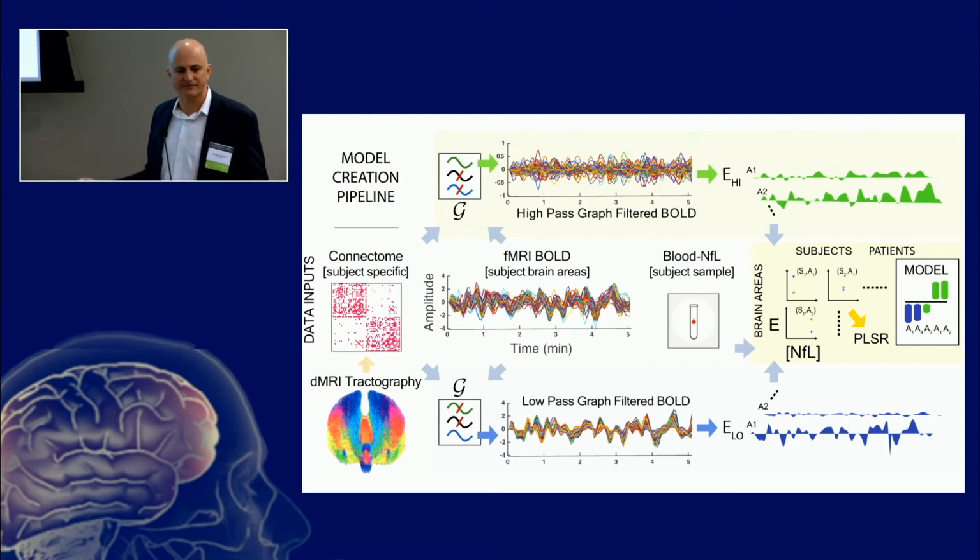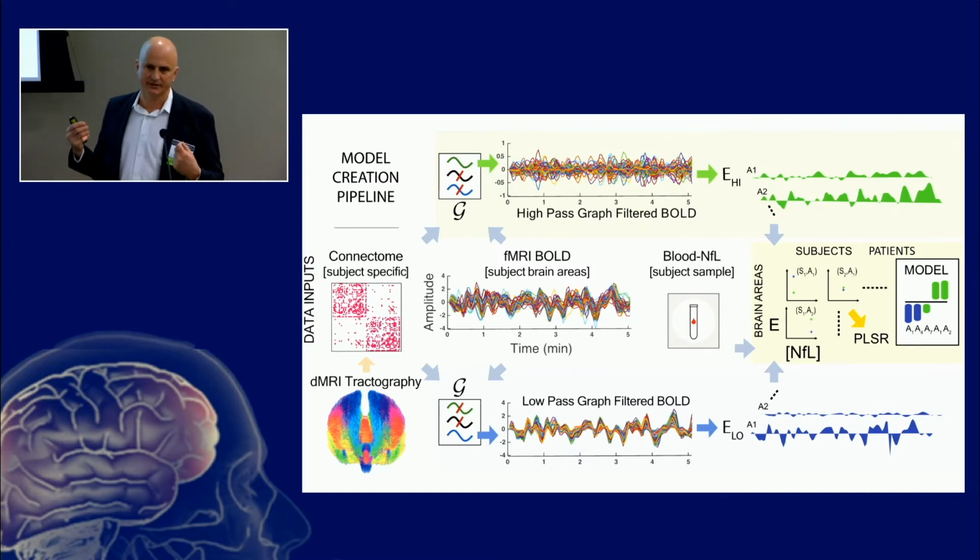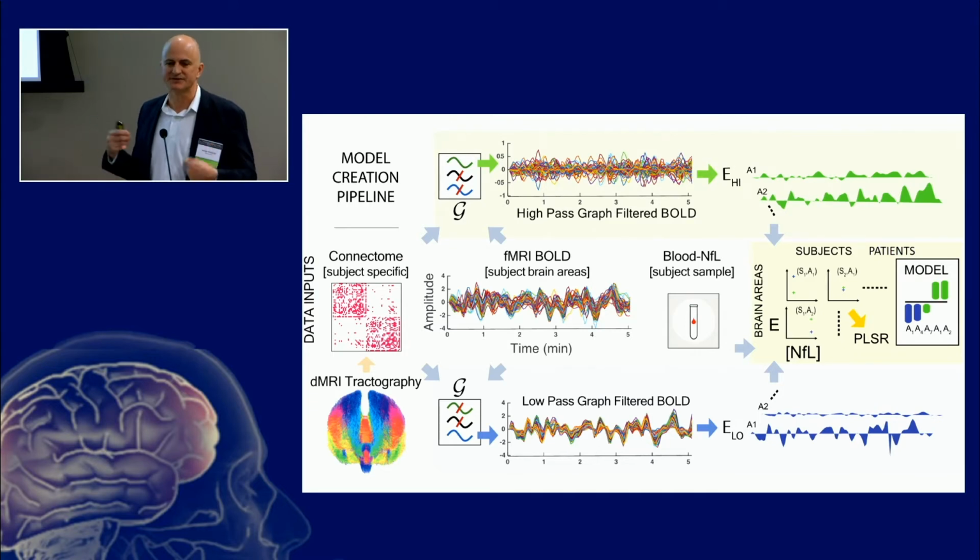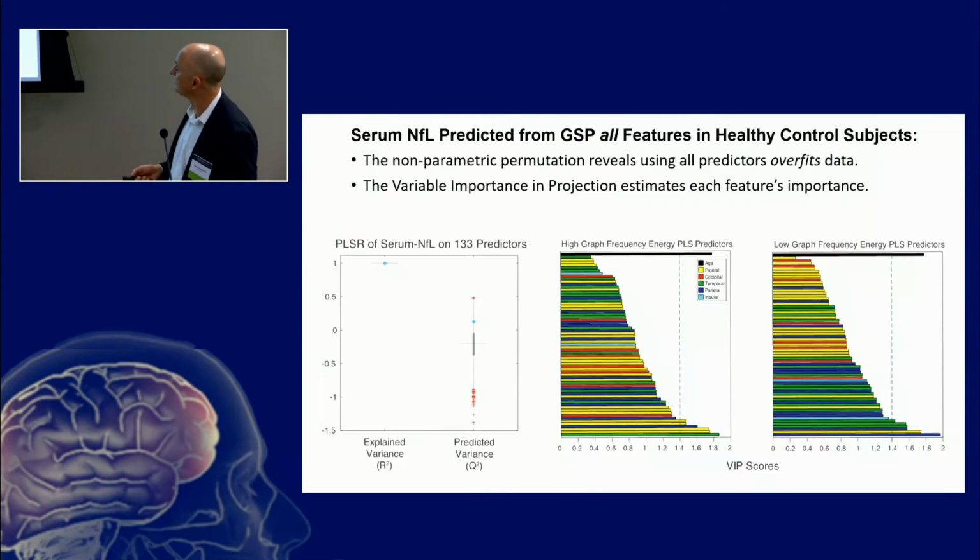Basically, you take a whole lot of features and you try to predict a specific feature, in this case, serum NFL levels. And now, why would we do that? We think that the effects that are being observed in serum NFL are both relevant to disease, but there's also quite a bit of variance in the healthy control population. So we began this study with doing this regression against just the healthy controls. And here's what we found.